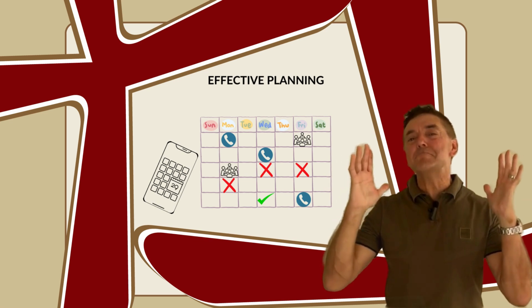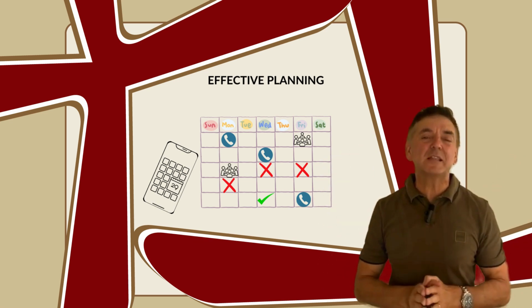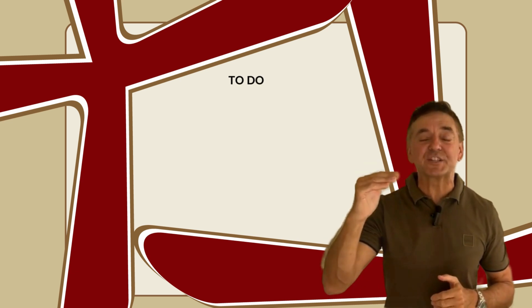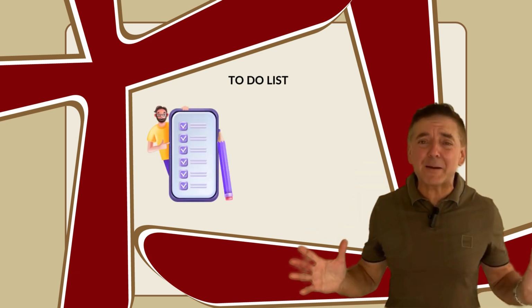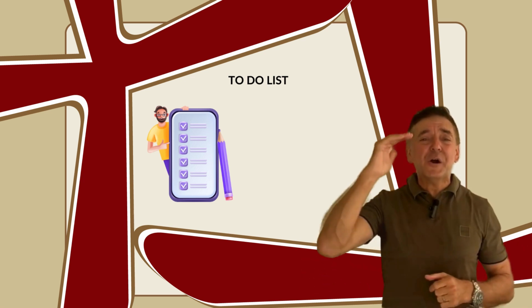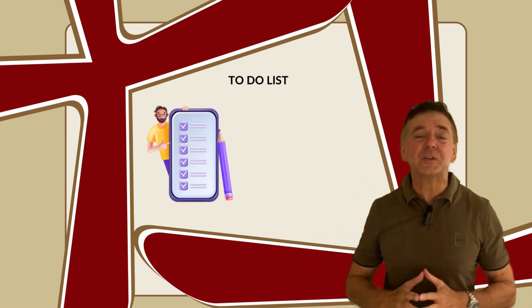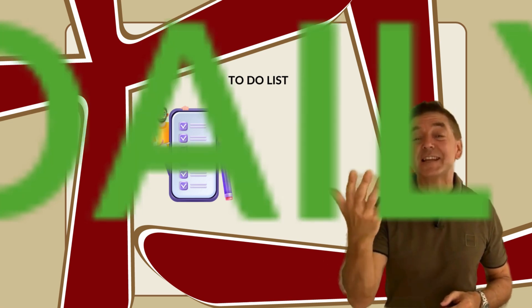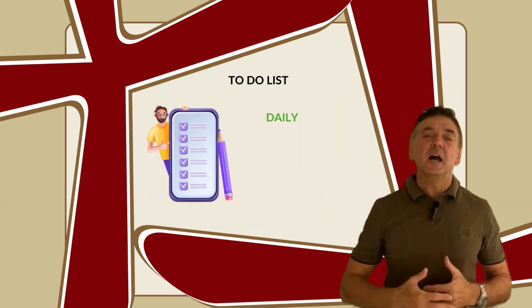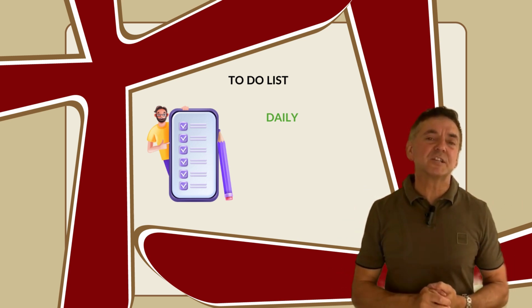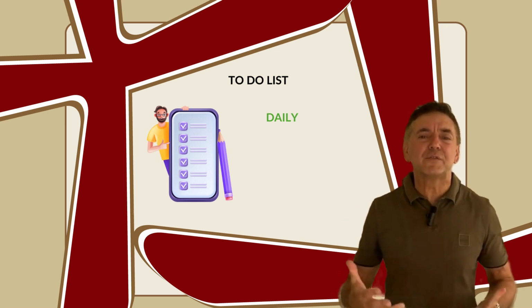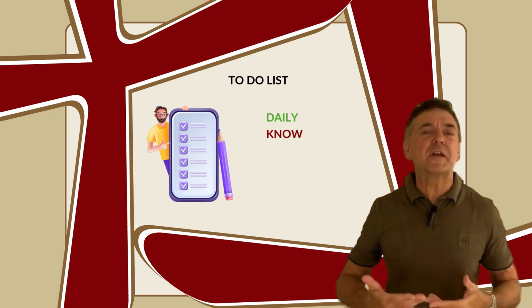Apart from having a monthly planner, it's also a really good idea to have a to-do list. And there are hundreds of apps out there free of charge where you can actually have a to-do list. And make sure, and this is a daily to-do list that I'm talking about, and when you actually have a to-do list, make sure you look at it the night before. Make sure you know what tomorrow is going to bring.